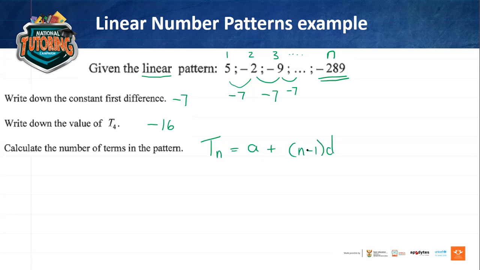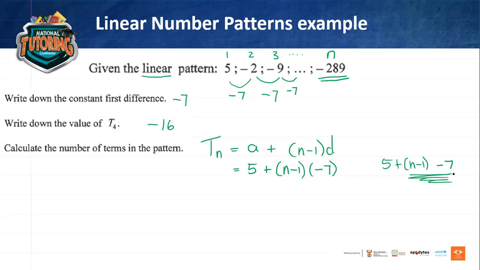From the previous slide, we saw that Tn can be written as A plus n minus 1 times d, and A is our first term. N minus 1 stays as n minus 1, and my constant difference is -7. Please remember the sign, and also please remember the brackets. If you wrote 5 plus n minus 1 minus 7, we are no longer multiplying these two together.